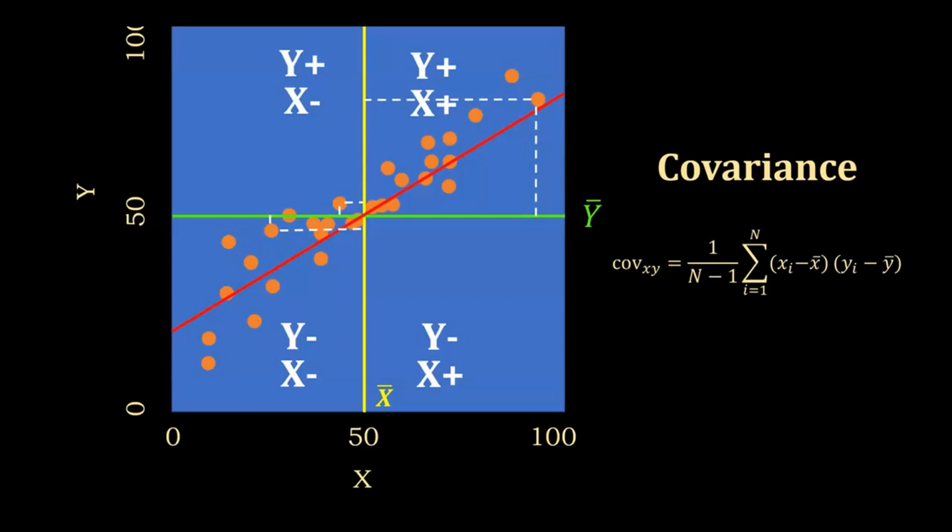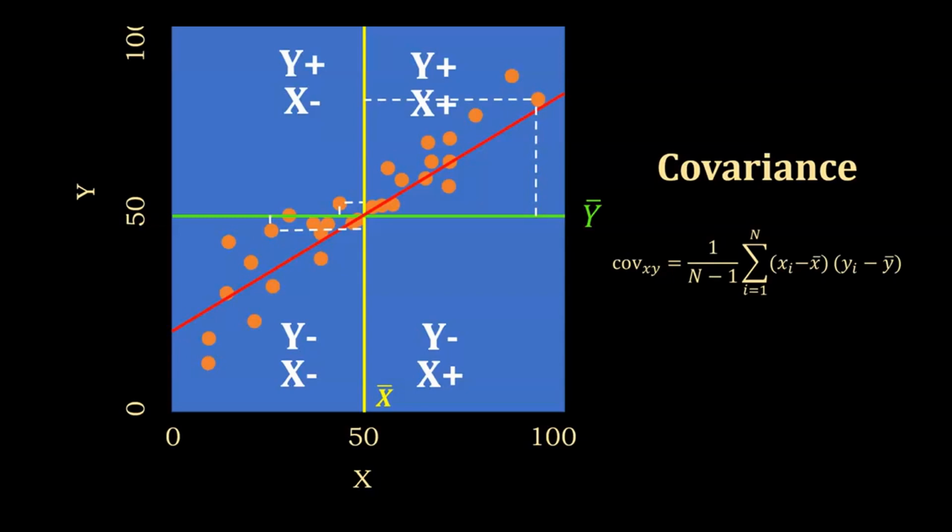So for all the dots in the top right and bottom left quadrants, the multiplication of those difference values will always give a positive value. You can see here that most dots are either in the top right or in the bottom left quadrants. So when we add all these positive values, it will be a positive relationship. There is only one clear value where the multiplication will be negative.